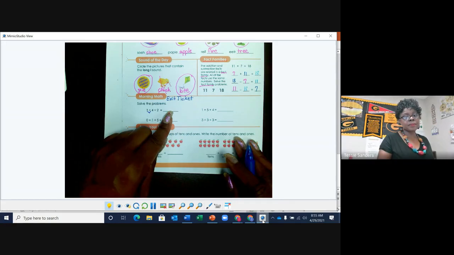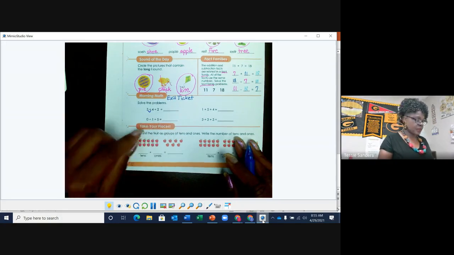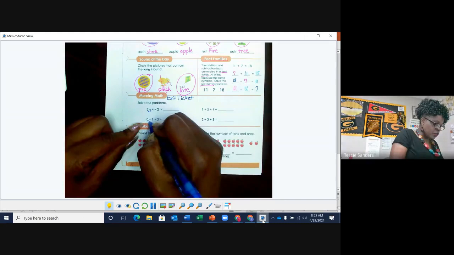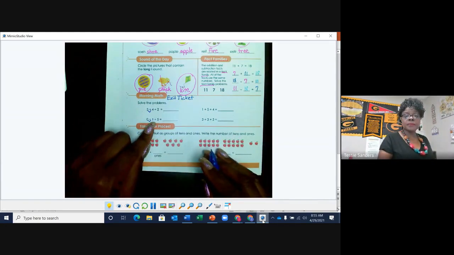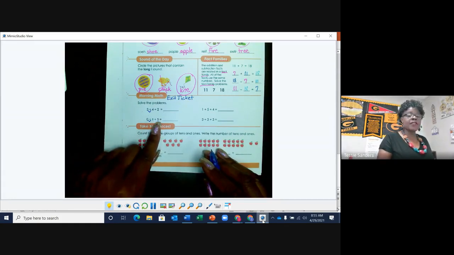Good work. What is 0 plus 1? Add 5 onto the sum of 0 plus 1. Write your sum on the line.